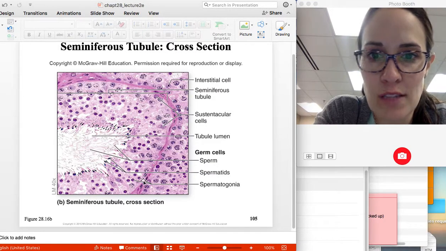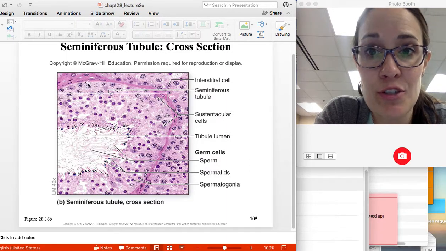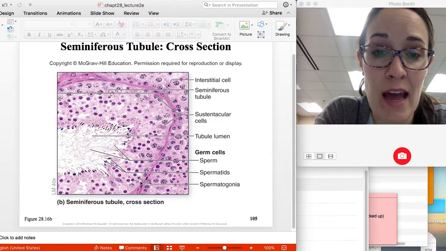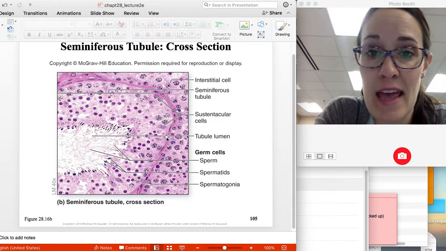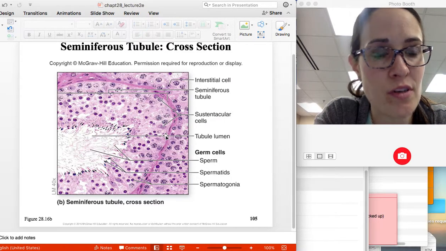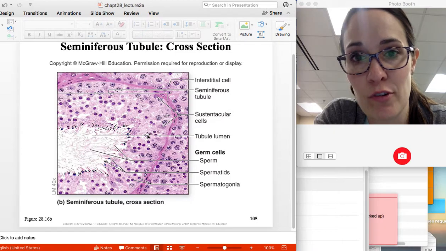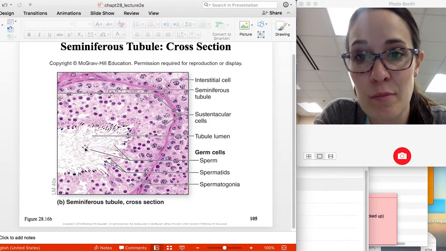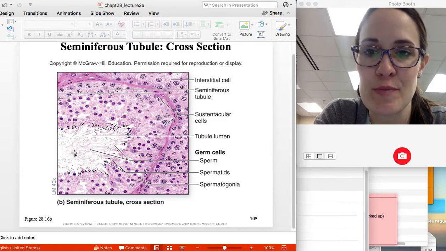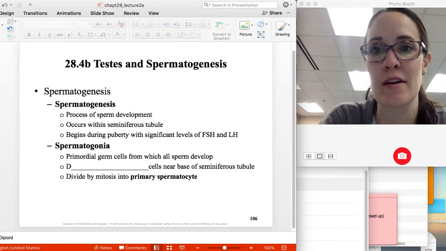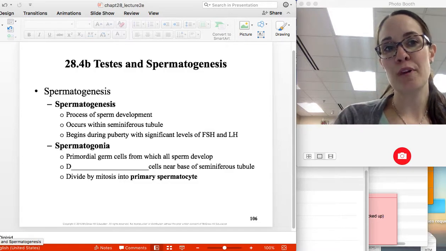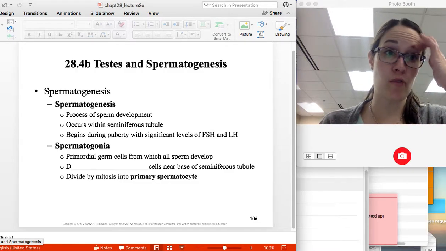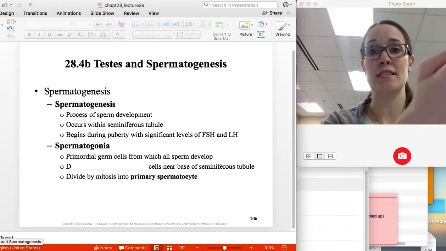So I'll talk about this, but the immature sperm are in the outside of the tubule, and through development, through what's called spermatogenesis, they become fully mature. And the mature sperm, or almost mature sperm, hang out in the lumens of the seminiferous tubules.